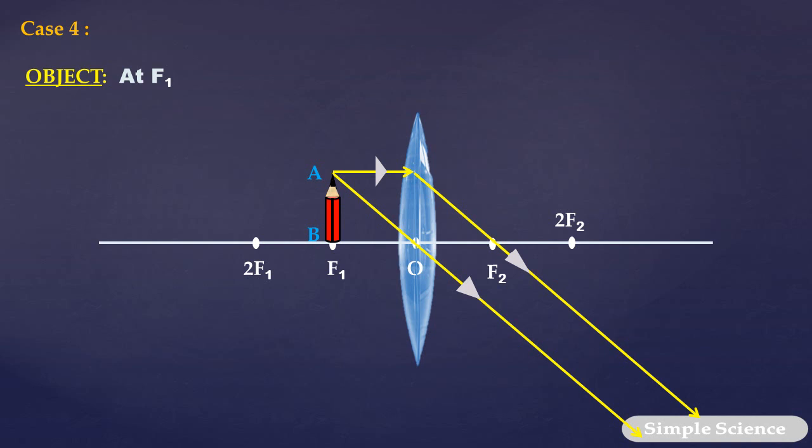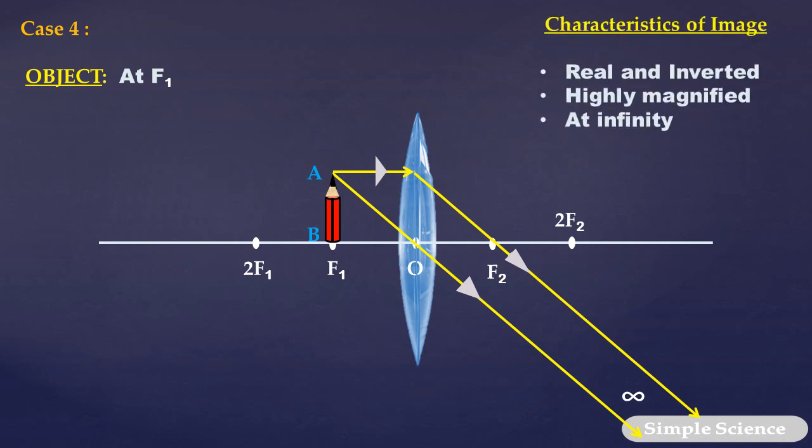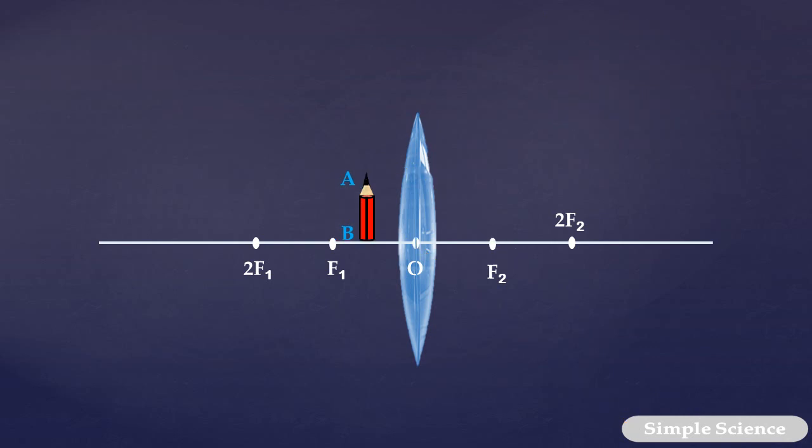They are parallel to each other. So if they are parallel to each other, they will not meet. The image is formed at infinity, very far away. And the image will be real and inverted, highly magnified, very big, and at infinity.